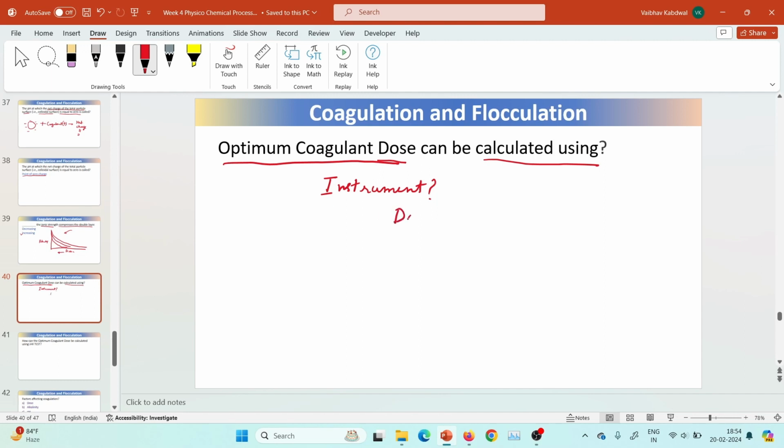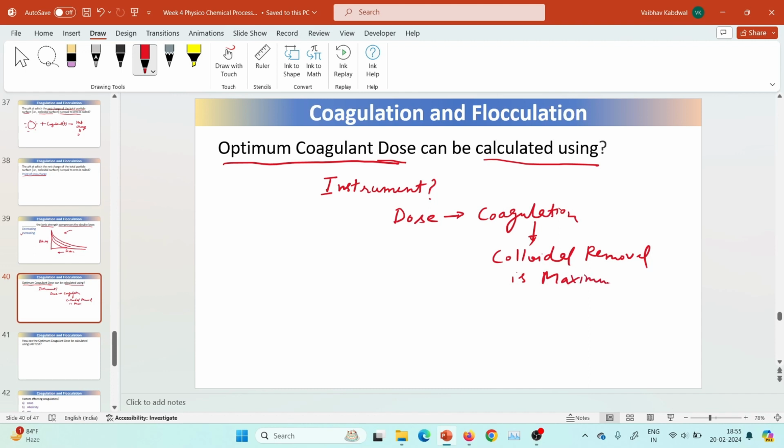There is a dose at which the removal of colloidal particles is maximum.